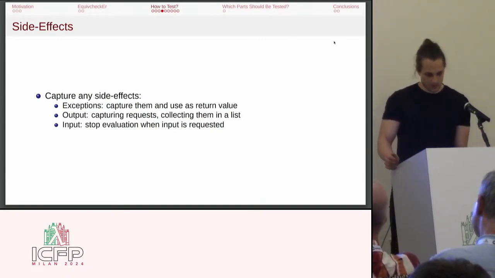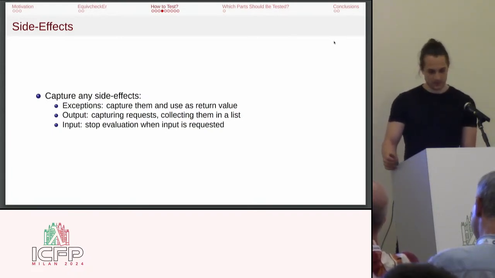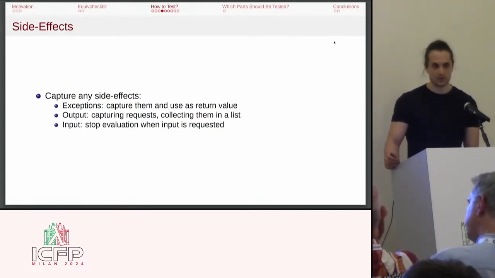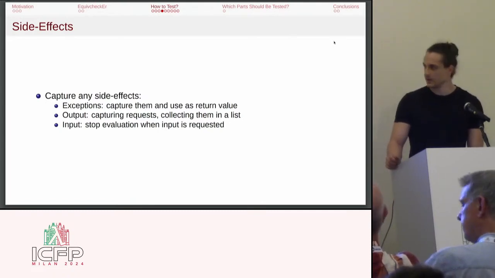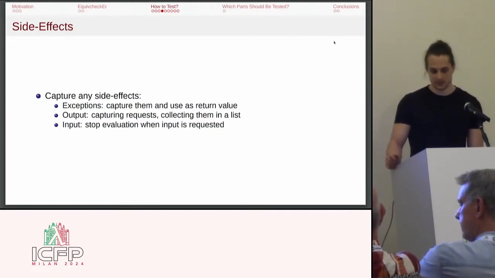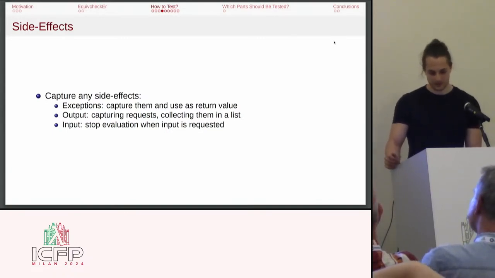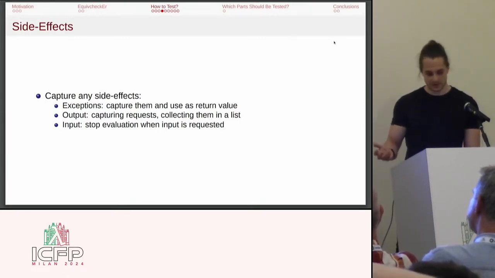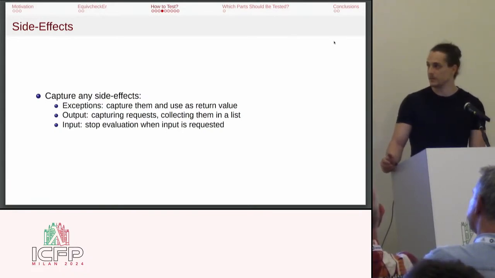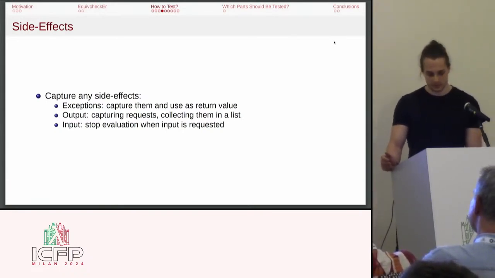So for inputs, what we are doing is stopping the evaluation when an input is requested, and we are also sending back a value that indicates this. We had to do this because we could just generate random byte streams, but the chance of actually hitting upon something that's a valid input is just too low.